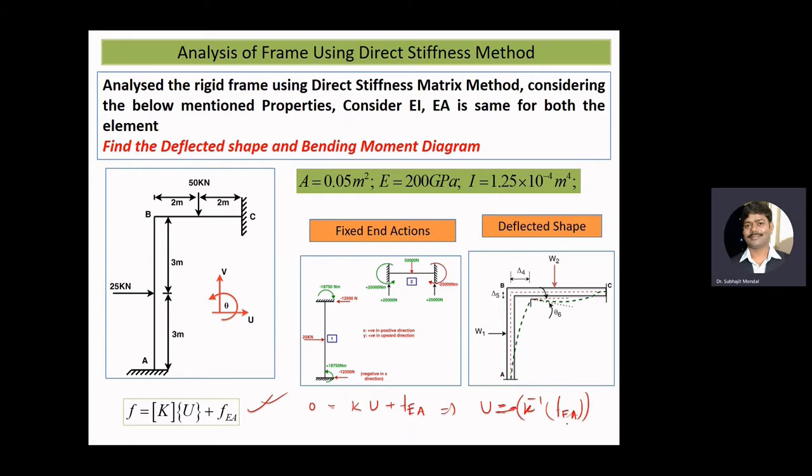And if you solve it, you will get some displacement quantity in this particular node, because this end is fixed here and this end is also fixed. So we will not have any displacement, in terms of translation and rotation, here and here.